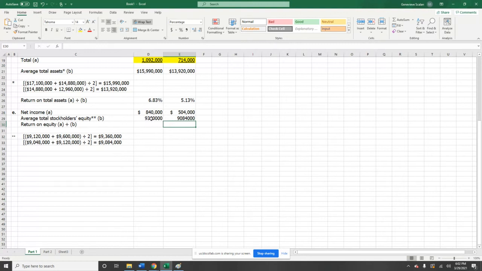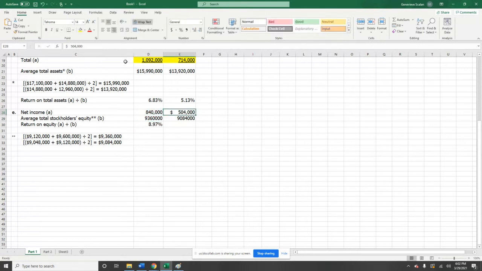All right, so there's our average stockholder equity. It's always beginning plus ending divided by 2. And always remember, previous year's ending is the new year's beginning. All right, so now to get our return on equity, we just take our net income and divide it by our average equity. So that's equal to net income divided by that.